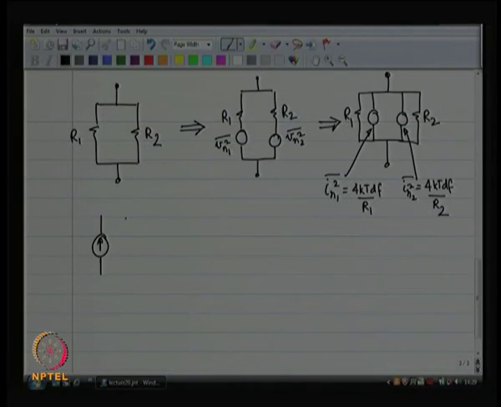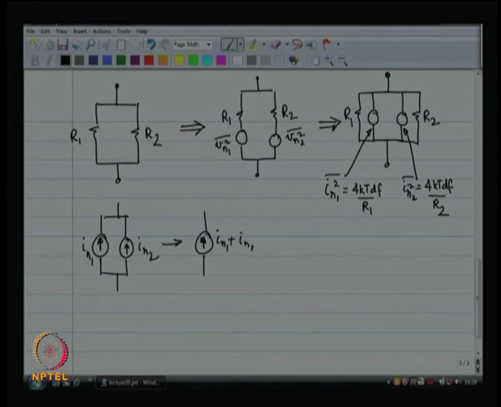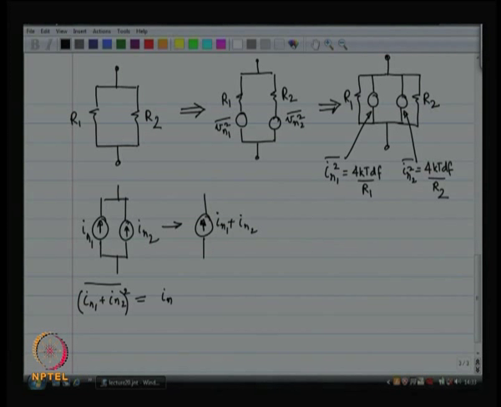So, if I have In1 and In2 in shunt with each other, then I can combine them to be one current source, which is of value In1 plus In2. Now, the mean of (In1 plus In2) squared is equal to, the same mathematics as before, In1 squared plus In2 squared plus 2 In1 In2.